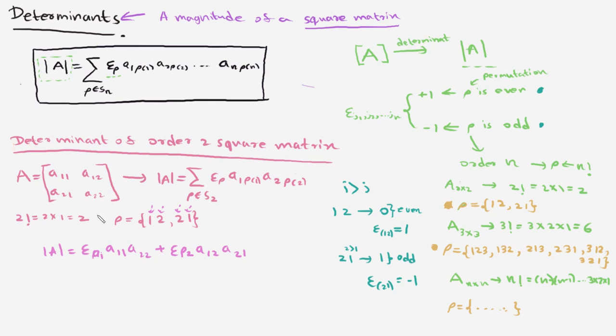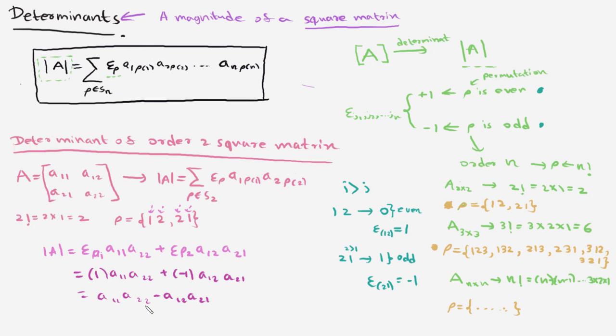Okay, so now our epsilon of the first permutation is 1, so a11 a22, and epsilon of the second is -1, so minus a12 a21.